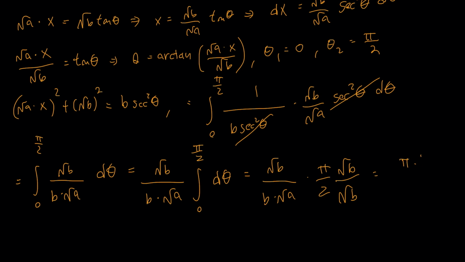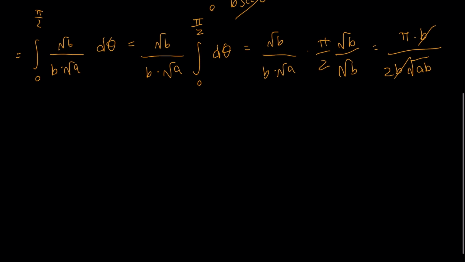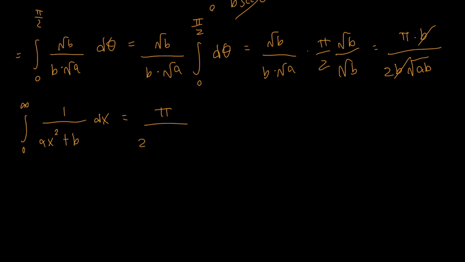So we're going to have pi times b over 2b square root of a times b. The b's cancel. And so we have that the integral from 0 to infinity of 1 over ax squared plus b dx is equal to pi over 2 times the square root of ab.